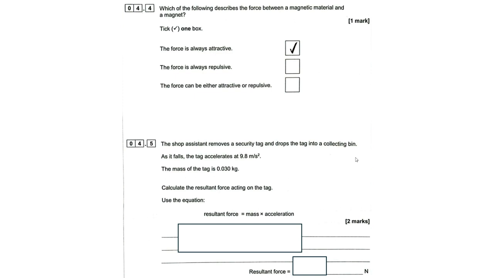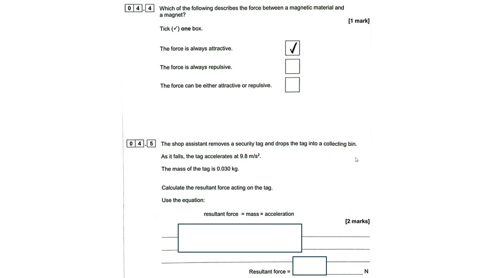The shop assistant removed the security tag and dropped the tag into a collecting bin. As it falls, the tag accelerates at 9.8 meters per second squared, so that's the acceleration in the right unit, and the mass of the tag is 0.03 kilogram. So remember, in physics, the unit for mass is kilogram, so we are happy with 0.03 kilogram. We don't have to convert it. Calculate the resultant force acting on the tag.